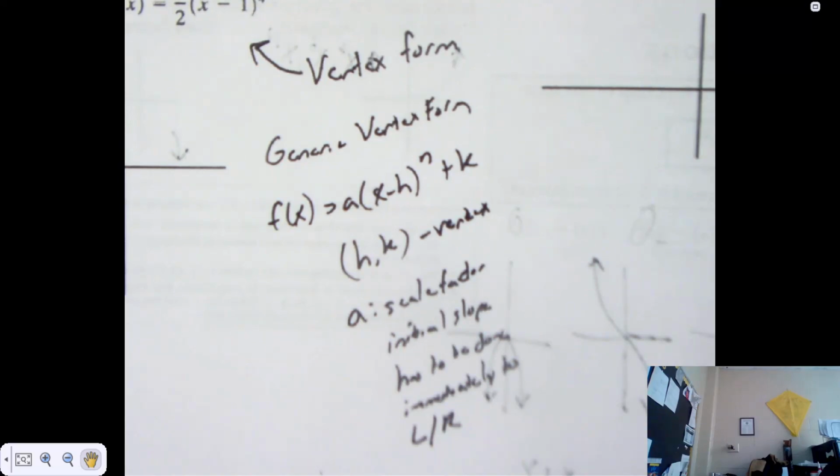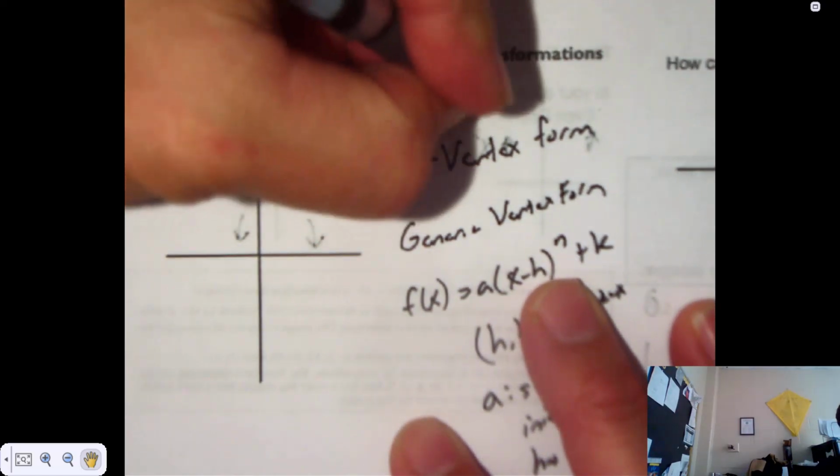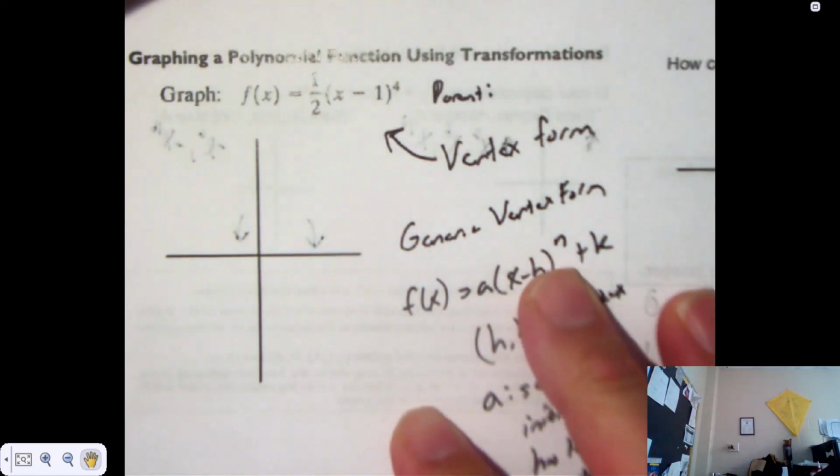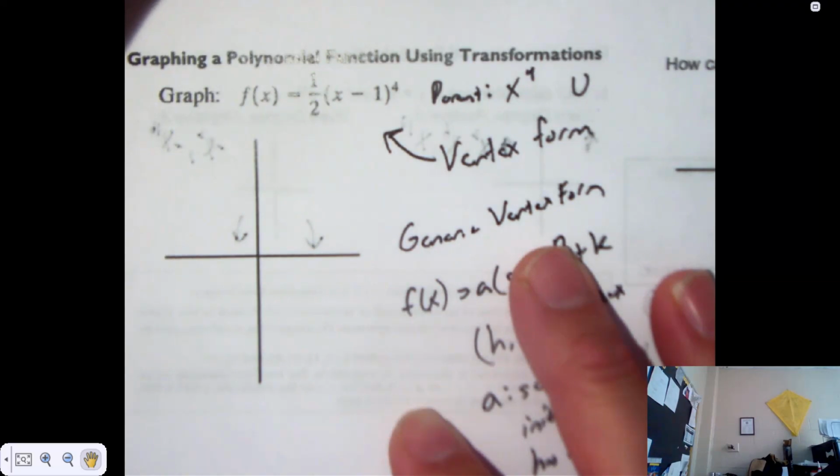Now, we're supposed to graph this thing using transformations. What's the parent? Parent is x to the fourth, which is basically a u, right? Probably. How are we going to shift it? Right one.